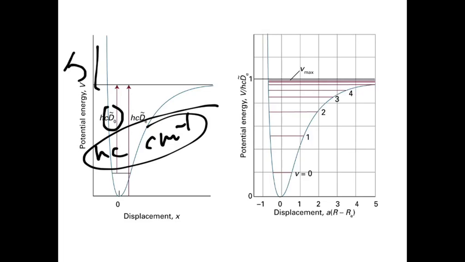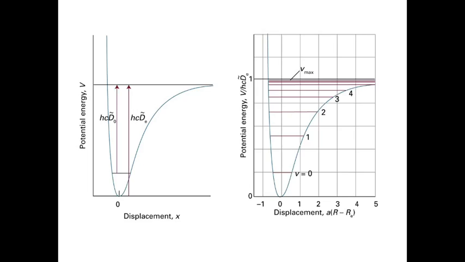If we divide joules by hc, then we get the wave numbers. So know how to go back and forth between wave numbers and joules via our conversion factor hc, where h is Planck's constant and c is the speed of light in centimeters per second here, not meters per second.